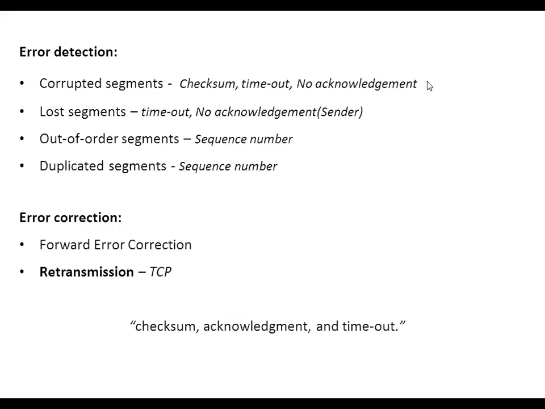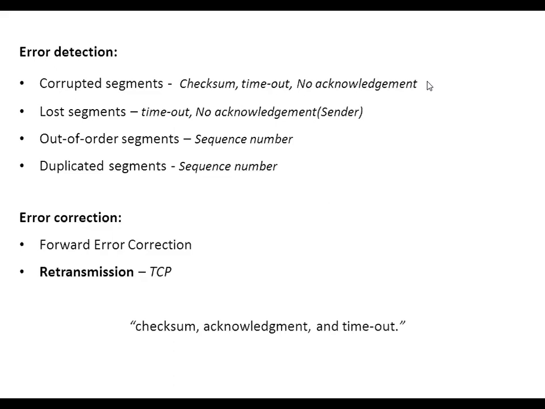And if the segment is erroneous, the receiver will not forward that segment to the application process, and hence it will also not send an acknowledgement to the sender. When the sender does not receive an acknowledgement within the timeout duration, the sender will understand that the segment suffered from error.